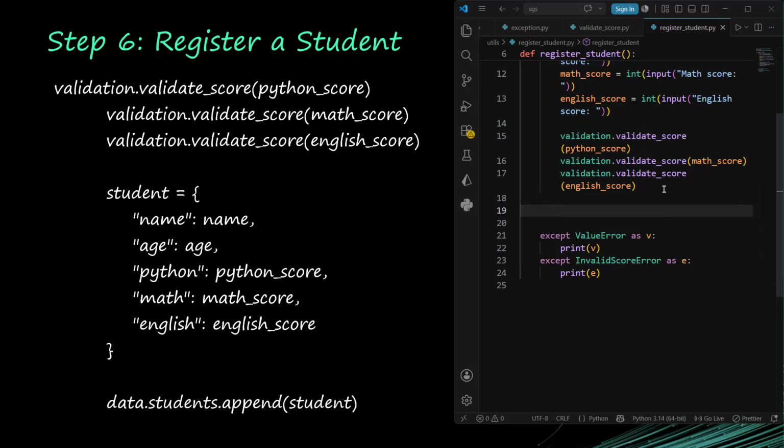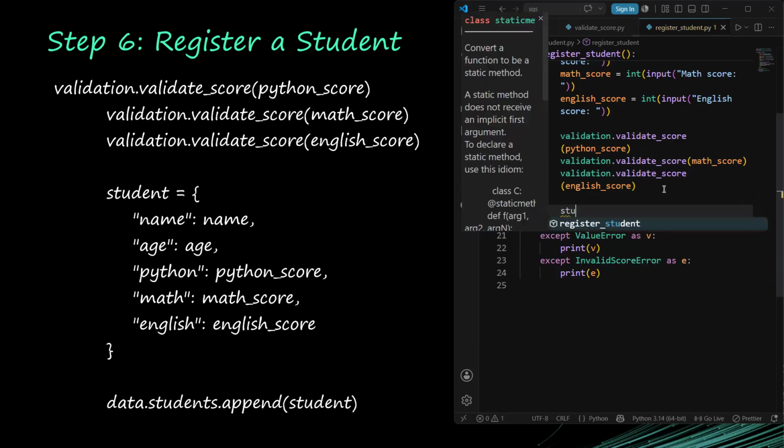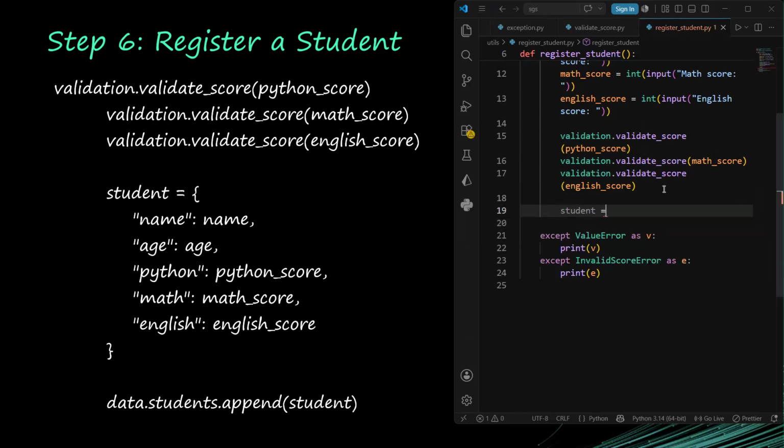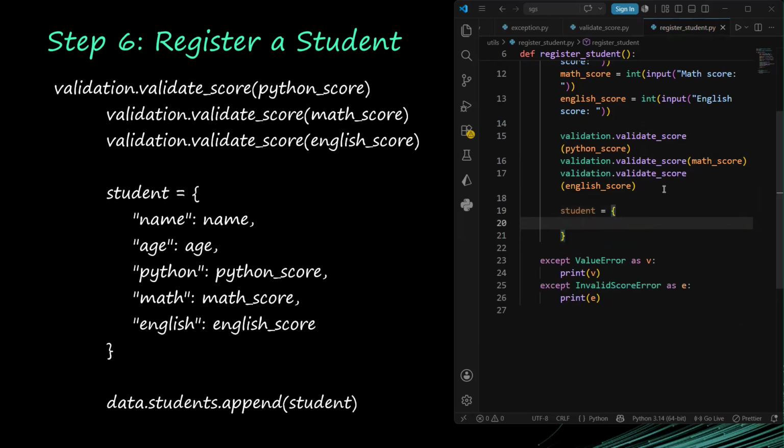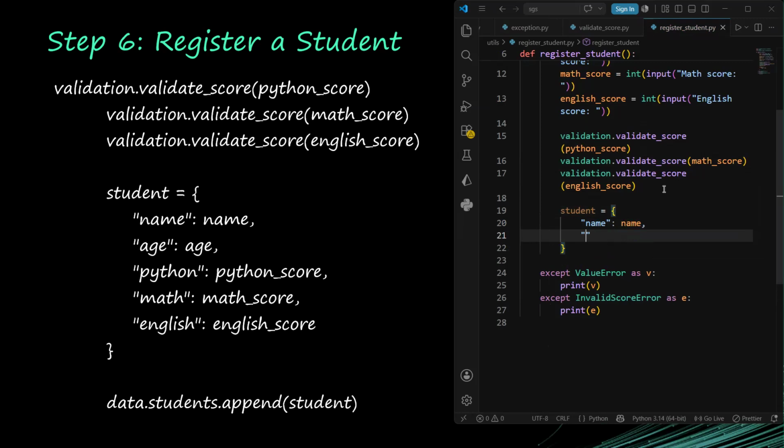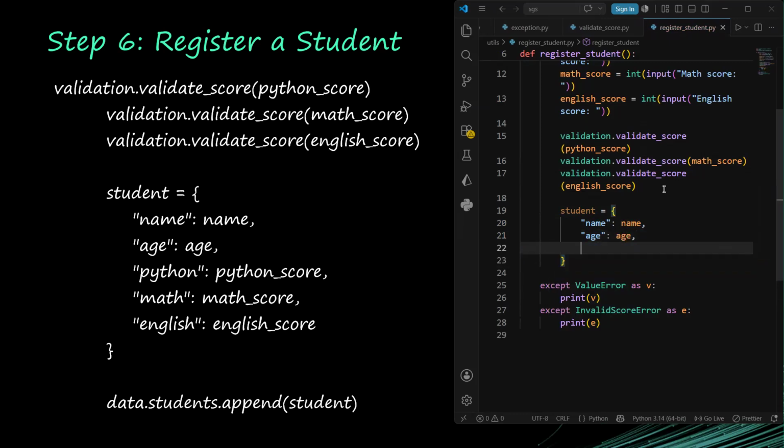But if everything went fine, there was no error, then we'll create a student dictionary. The name would be the name that the user gave us. Age would be the age that the student gave us.